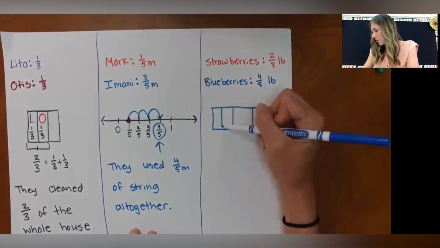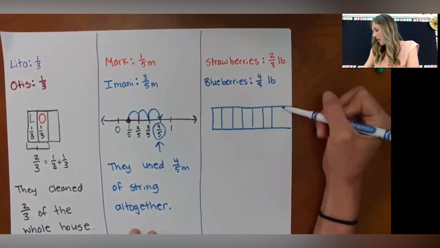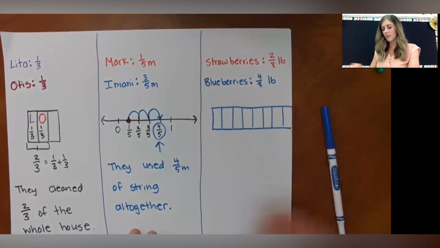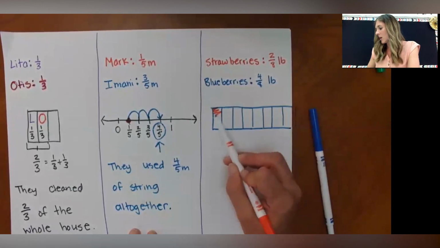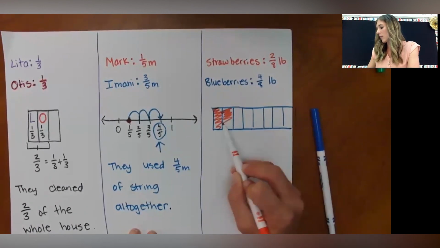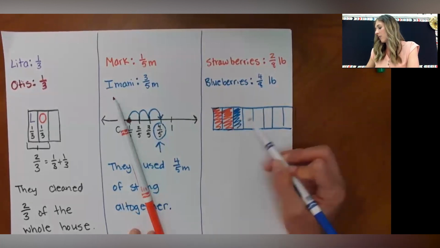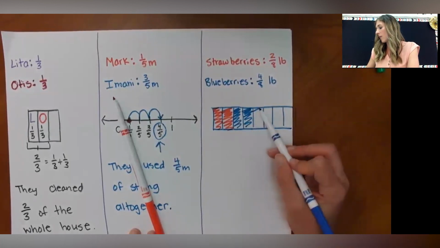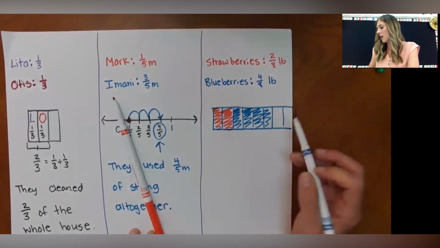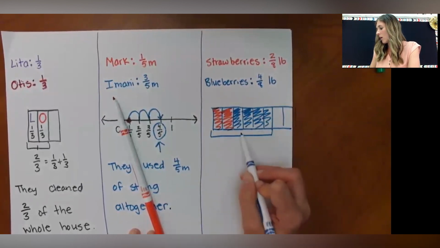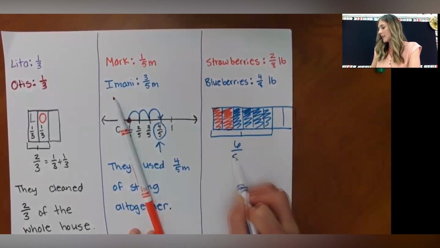Then I'm going to split my fourths in half, and that gives me eighths. And I know that she used 2/8, so 2 of those 1/8 pieces of strawberries, 4/8 of blueberries, so 4 of those 1/8 pieces, for a total of 6/8.